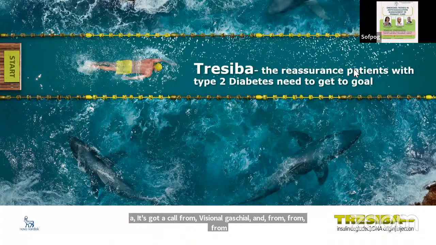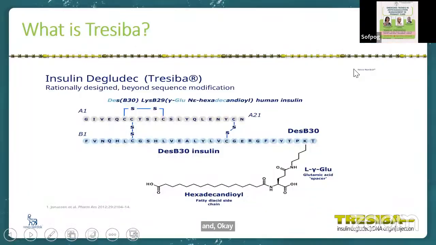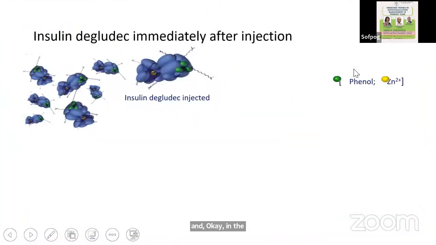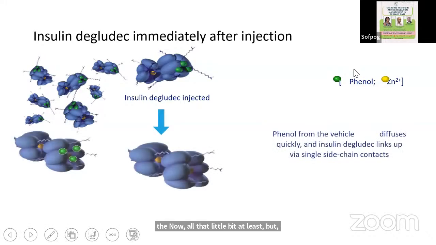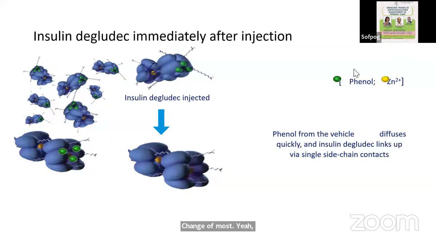So when we look at Tresiba, this is the structure. Some amino acids have been substituted in the structure. This is basically how it looks. Now, how does it work when it's injected? Whenever it's injected, when it dissolves, it forms chains of multi-hexamers.